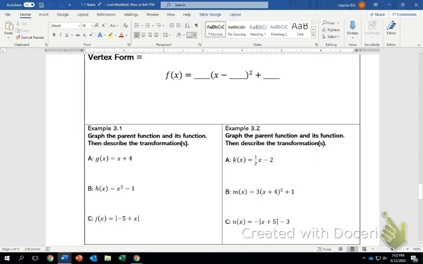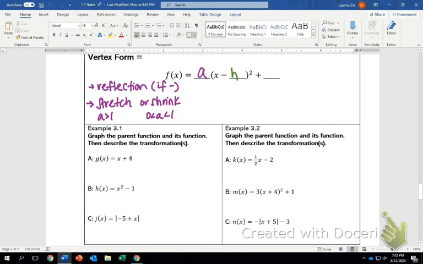But if it's anything else, it is in the A position, and it is going to signify we have either a reflection if it has a minus sign or a negative symbol, and A will also tell us if we are stretching or shrinking. Remember, stretching is when A is bigger than 1, so 2, 3, 4, and shrinking is when A is between 0 and 1.